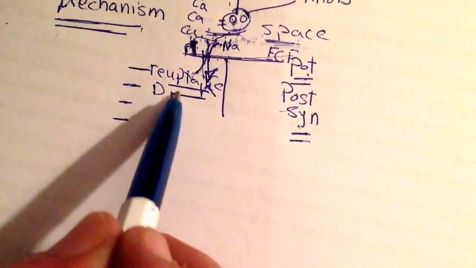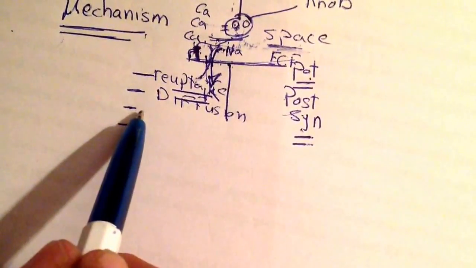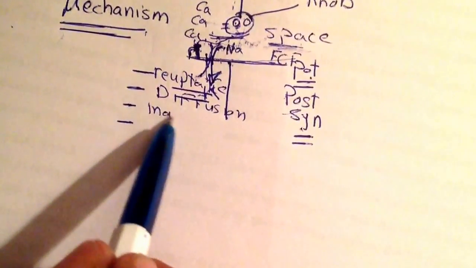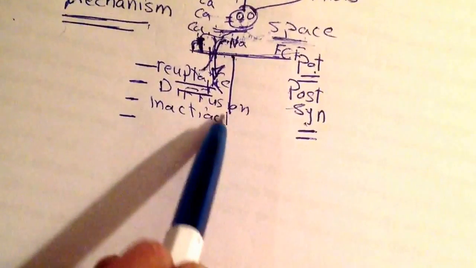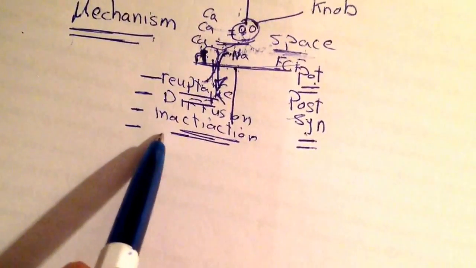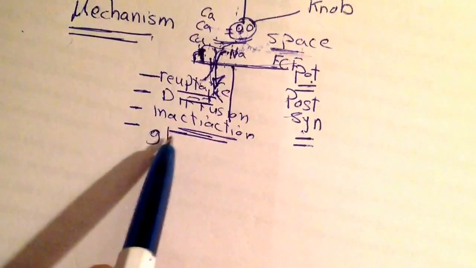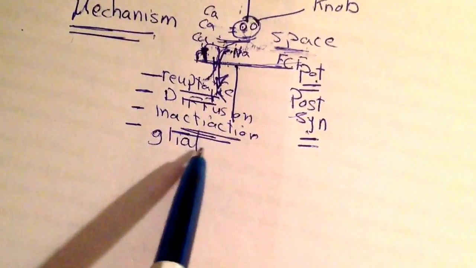Second, diffusion. Third, inactivation by enzymes that can hydrolyze this chemical transmitter. And finally, by a nerve cell known as a glial cell.